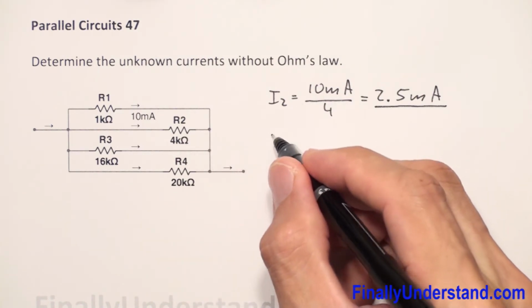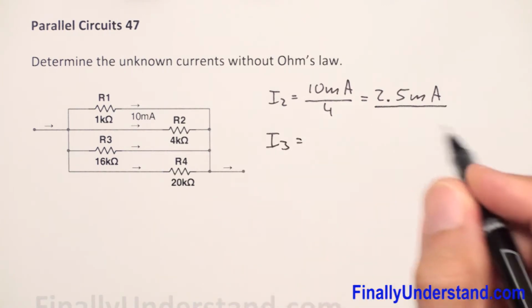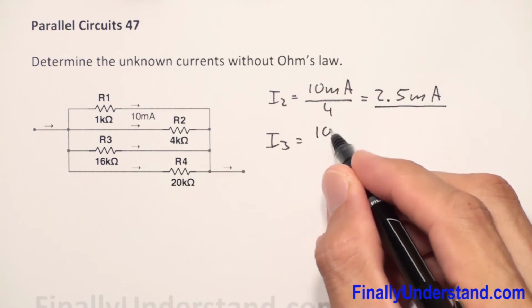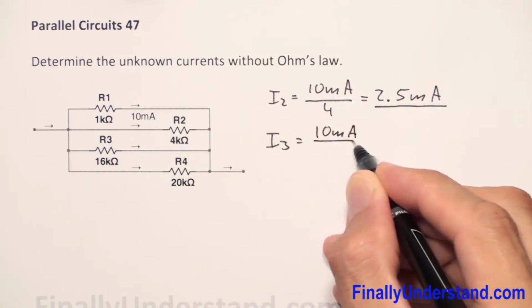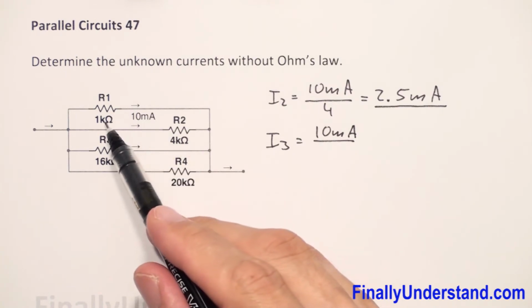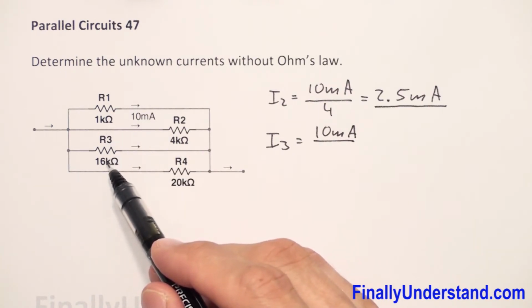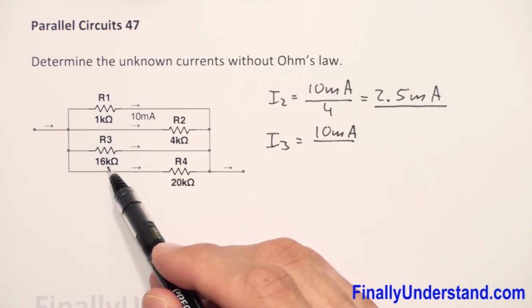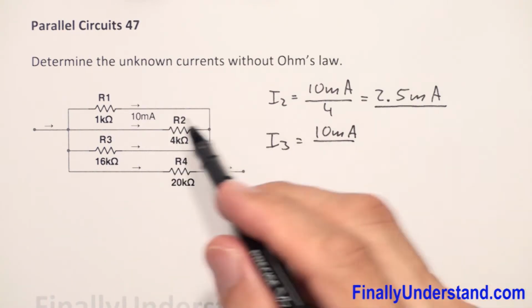Now if you want to find I3, it is basically 10 milliamps divided by what? 16, because this resistor is 16 times greater than this. So my current is going to be 16 times less than 10 milliamps.